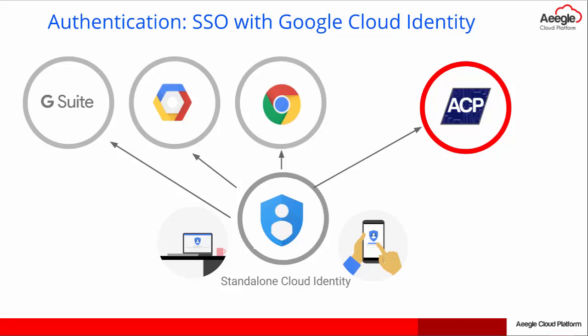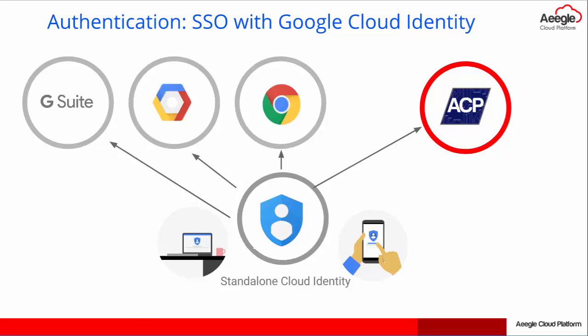And one of the first integrations that we would like to highlight is the authentication using Google Cloud Identity or IAM, which provides robust single sign-on to ACP, and therefore all the users in ACP use Google Cloud Identity Security to grant access. And then the G Suite users don't need to learn or to create a new password or a different password for ACP. So that is actually single sign-on.